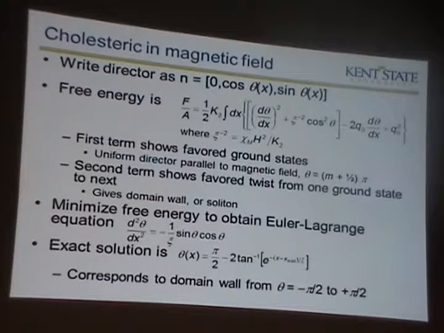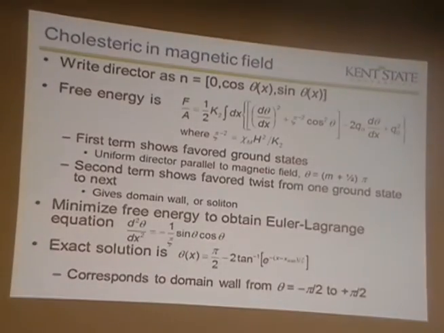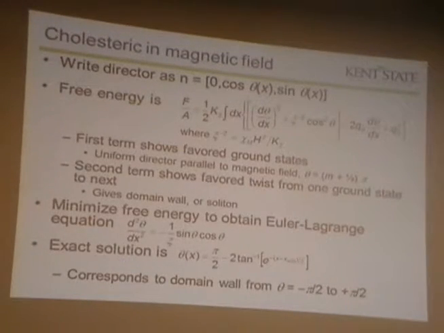If I wanted to make a plot, I could plot theta of x as a function of x. It would be, say, at pi over 2, and roughly constant there. And then rapidly, but not discontinuously, just rapidly, changes from pi over 2 to 3 pi over 2, and then up here to 5 pi over 2, and so forth.